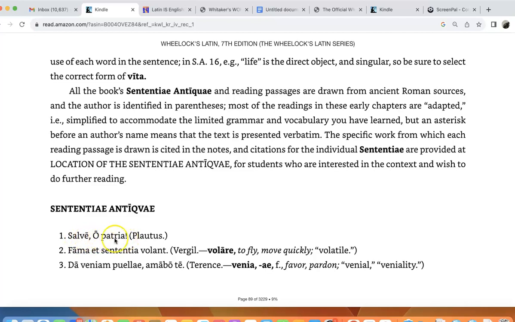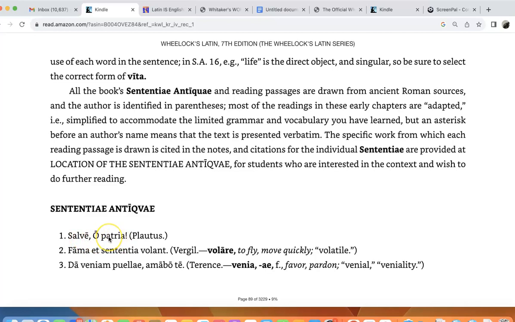So salve means hello. And then O patria, so greetings, O fatherland, or greetings, my country. Now, what does that have to do with anything? Well, just think about Odysseus after the Trojan War. Or think about, here you are, many of you are away from home, and when you go home for Thanksgiving, for example, you have that feeling of returning home, and so that's sort of the sense of it.